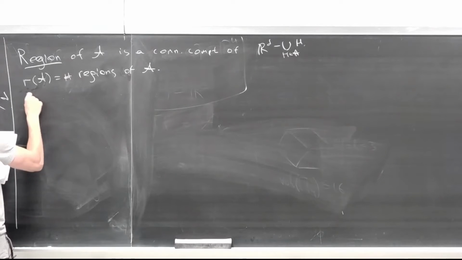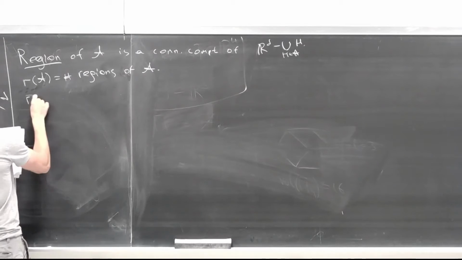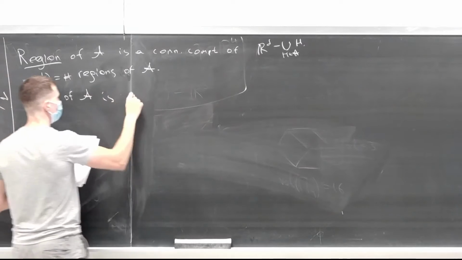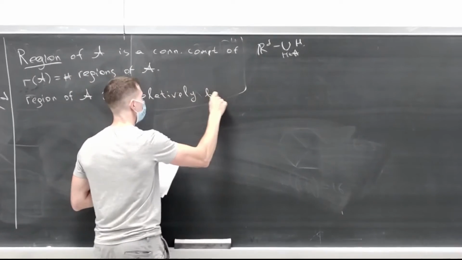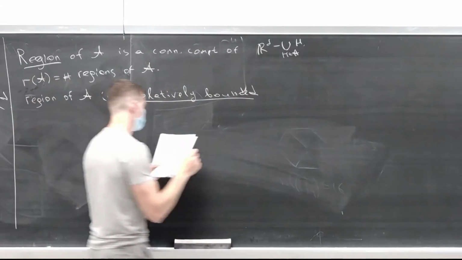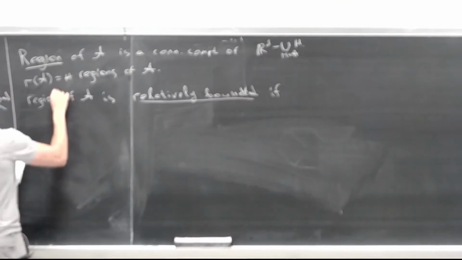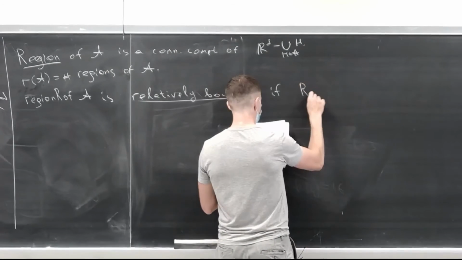Because of this problem that some hyperplane arrangements are not essential, let me actually say that a region R of A is relatively bounded if the intersection with X is bounded.